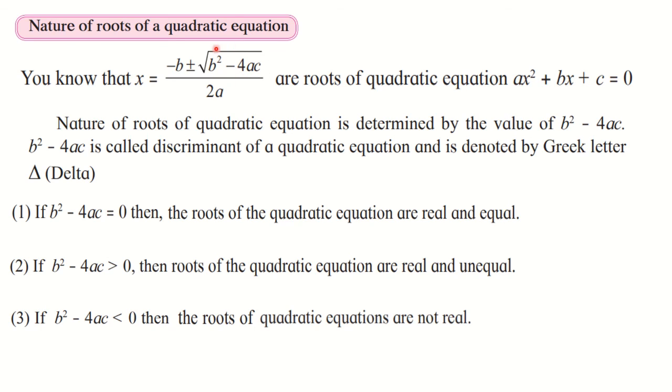This value is called the discriminant of the quadratic equation, and it is denoted by the Greek letter delta. So delta is equal to b square minus 4ac.